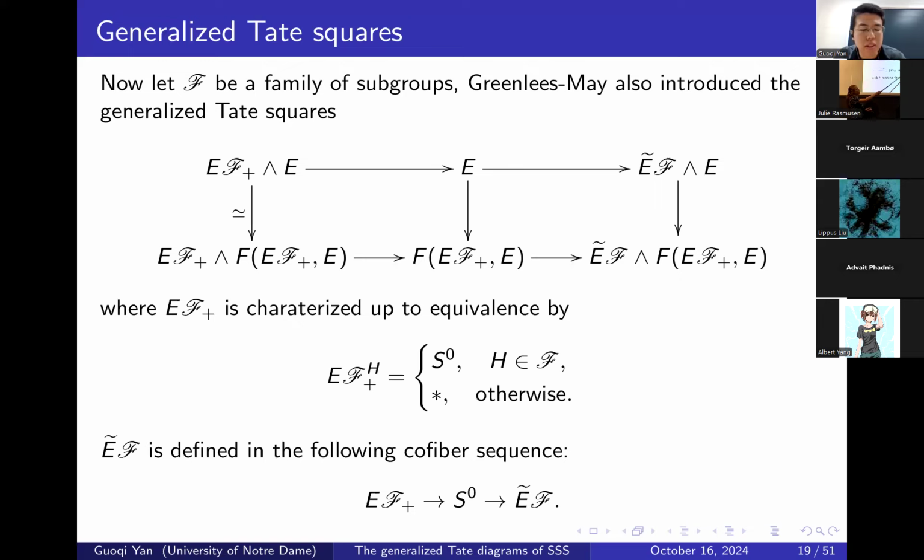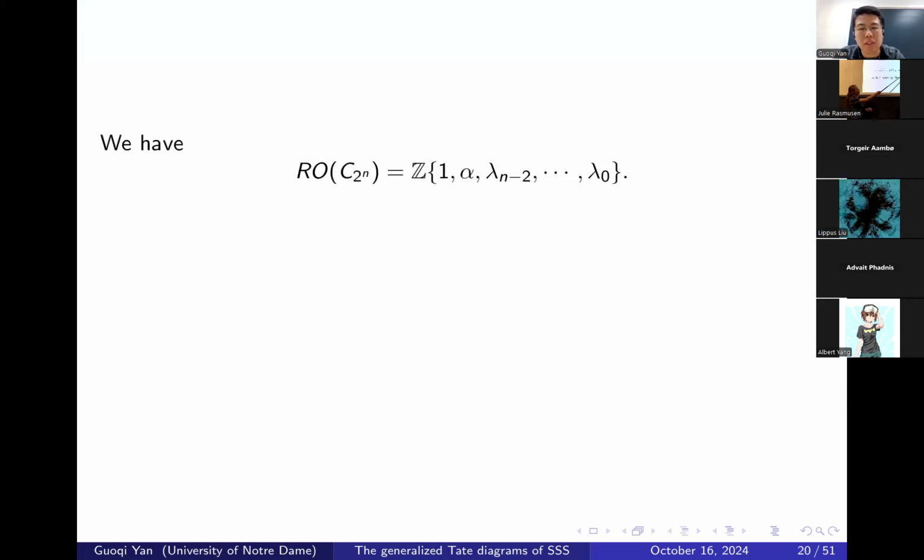So now let's start our computation. If we look at this locally, we can choose RO(C_{2^N}) to be the following free abelian group. This is a real representation ring, and the elements listed here are irreducible real representations.